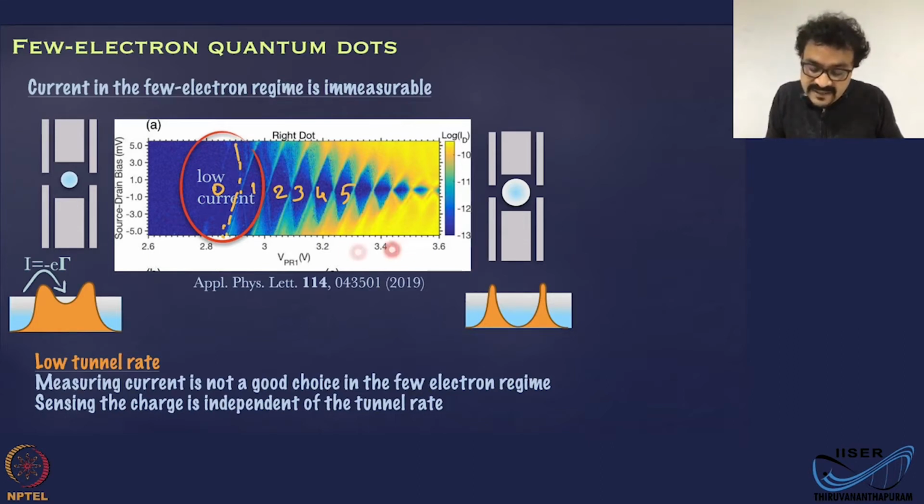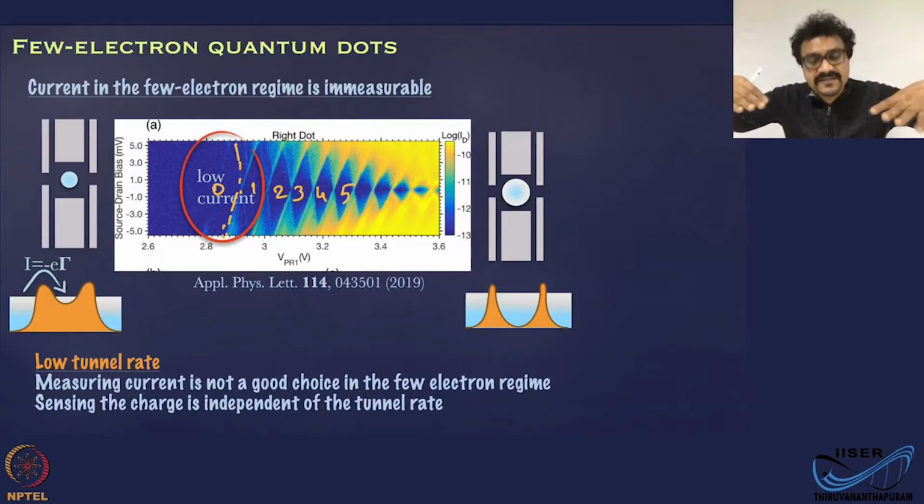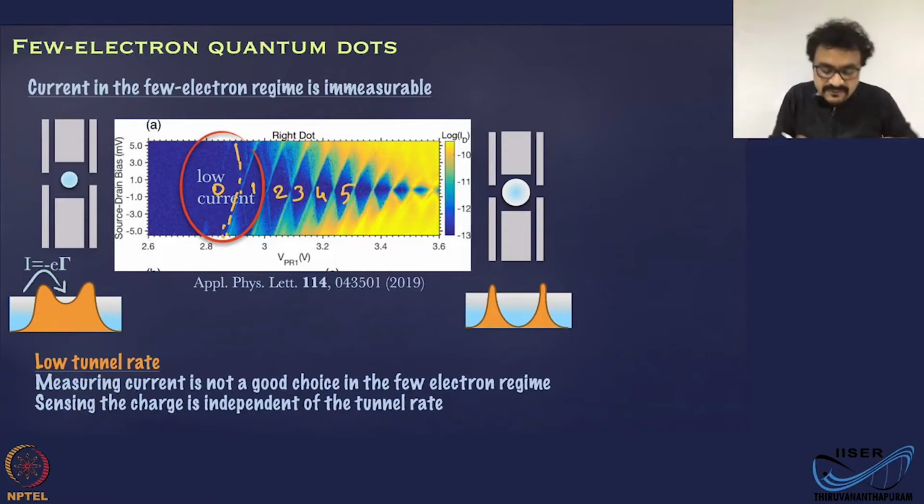And when you made the gates negative, you actually made the dot smaller, and you can see that now the tunnel barriers are thicker, because you have a lot more negative voltage. To make the dot smaller, you have to basically increase the negative voltage. So the field is going to creep inside more and more, and you have a much broader tunnel barrier. So you have a very thin tunnel barrier here, whereas you have a thick tunnel barrier here when you reach the few-electron regime or close to the dot being empty.